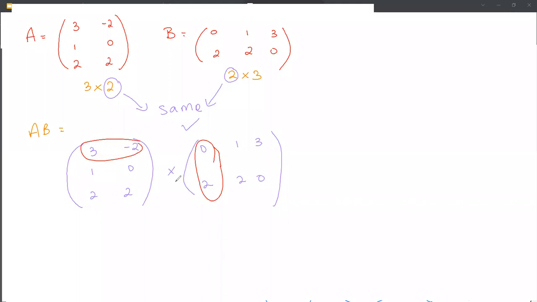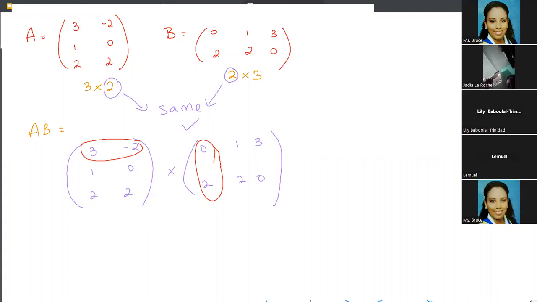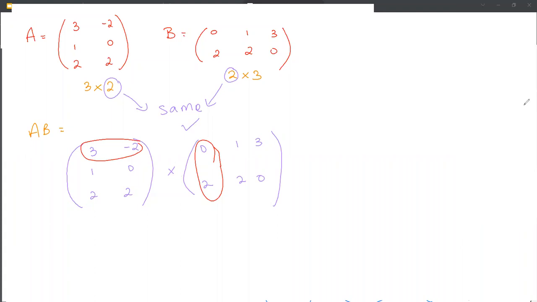All right, so we're multiplying matrices. So far, you can only multiply matrices if they are compatible.